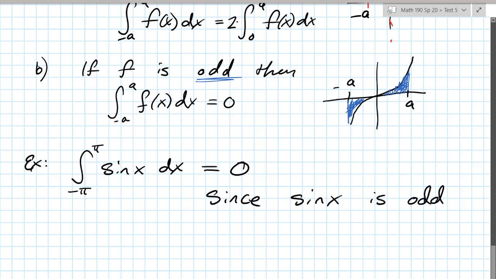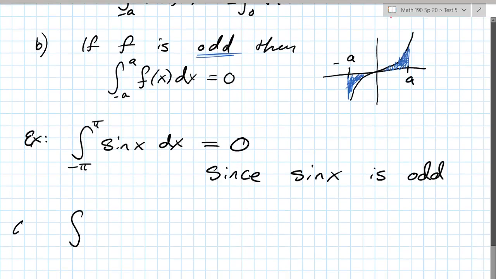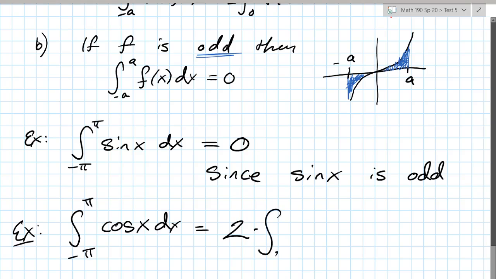Now, if this were the integral of cosine of x, the cosine of x function is an even function, so I could do 2 times the integral from 0 to pi of the cosine x dx.